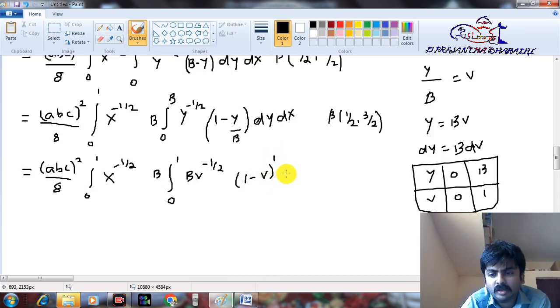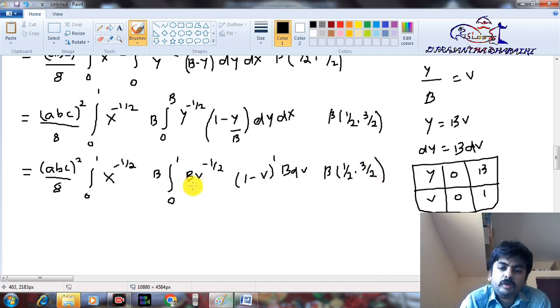Value of dy is b dv into beta of 1 by 2 comma 3 by 2. Now I have to take this b outside, that is b square into b.